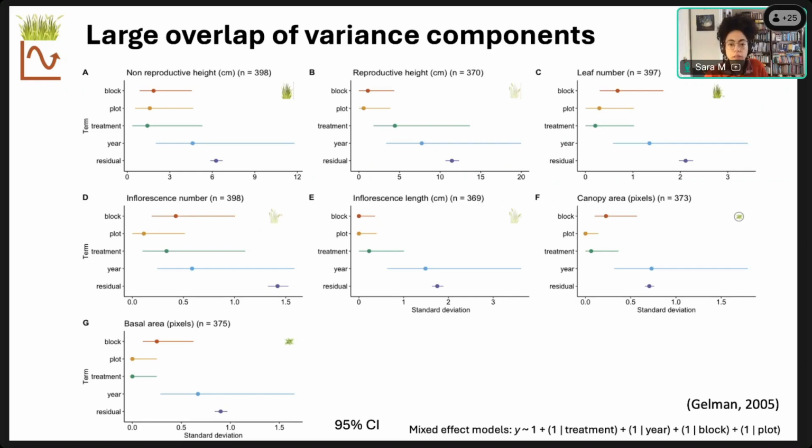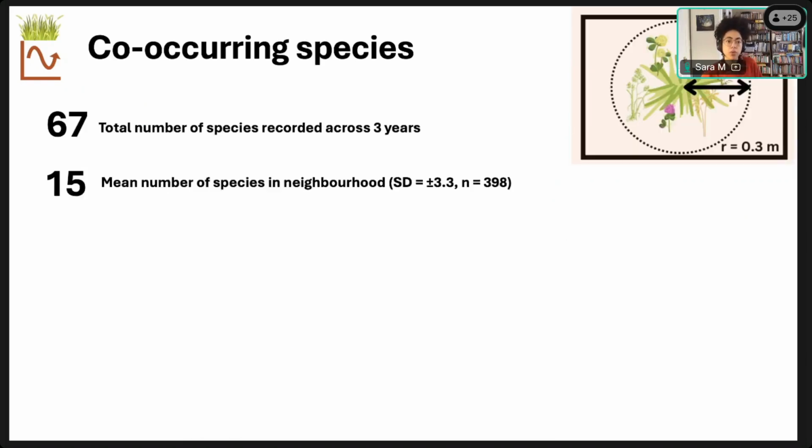But yes. Okay, moving on to co-occurring species. This is within the neighbourhood. A total of 67 species were found in these neighbourhoods across the 3 years, and the mean number was 15.